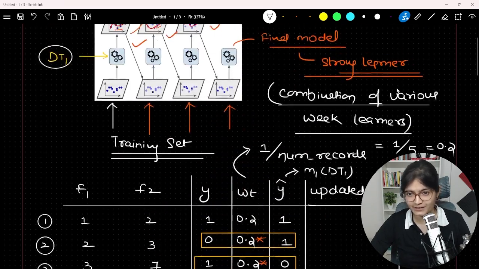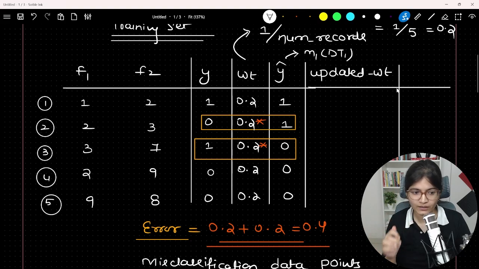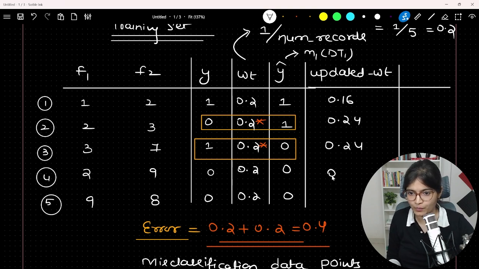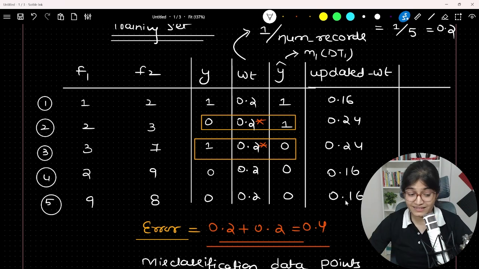So your new updated weight will be: wherever there is a correct classification, it is 0.16; wherever there is a misclassification, it is 0.24. It is 0.24, it is 0.16, and it is also 0.16. So this is the updated weight which we will get at the end of the day, right?